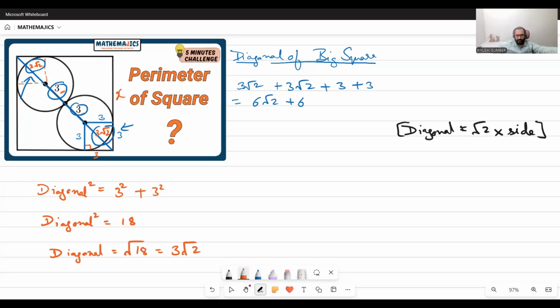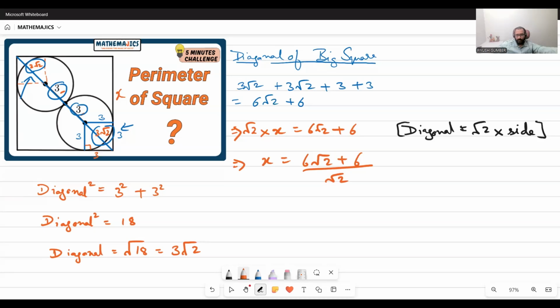So diagonal is root 2 times x. This is equal to 6 root 2 plus 6, correct? Now let's find x. x will turn out to be (6 root 2 plus 6) by root 2. This will be the side.